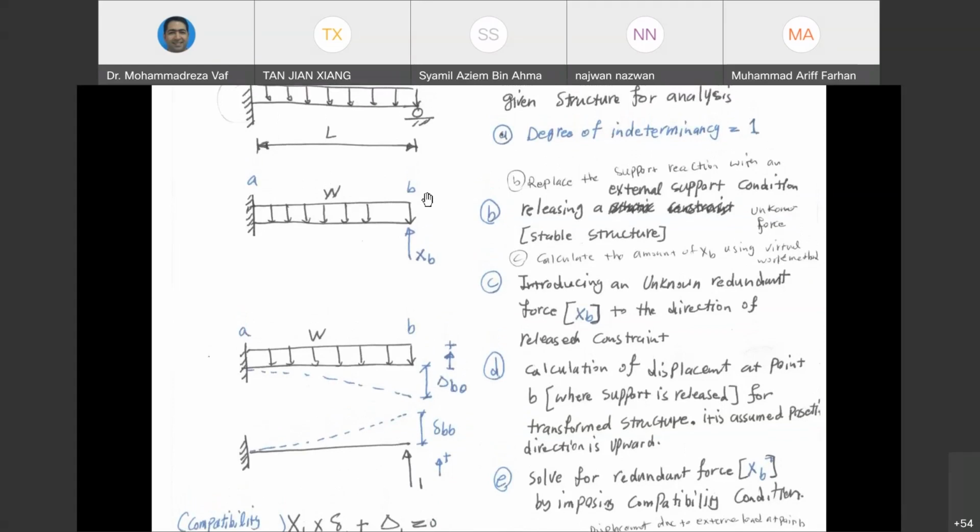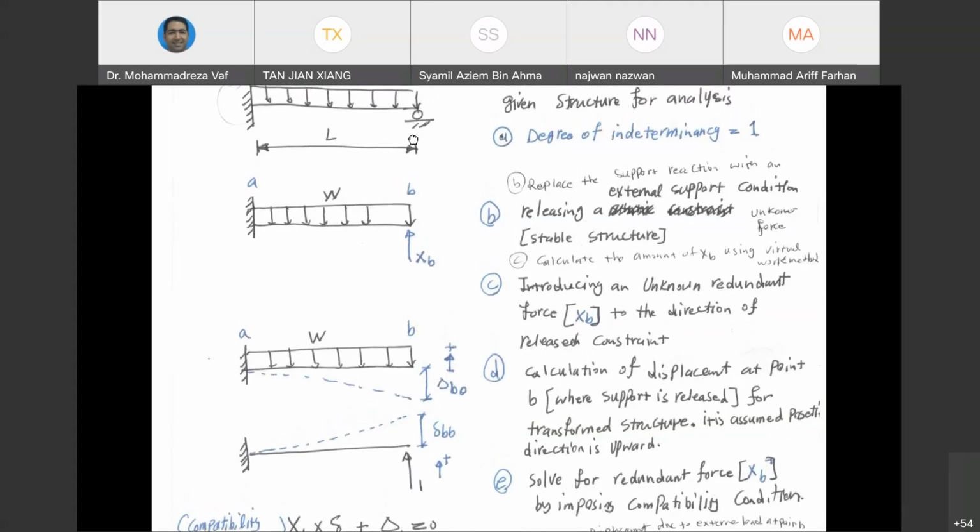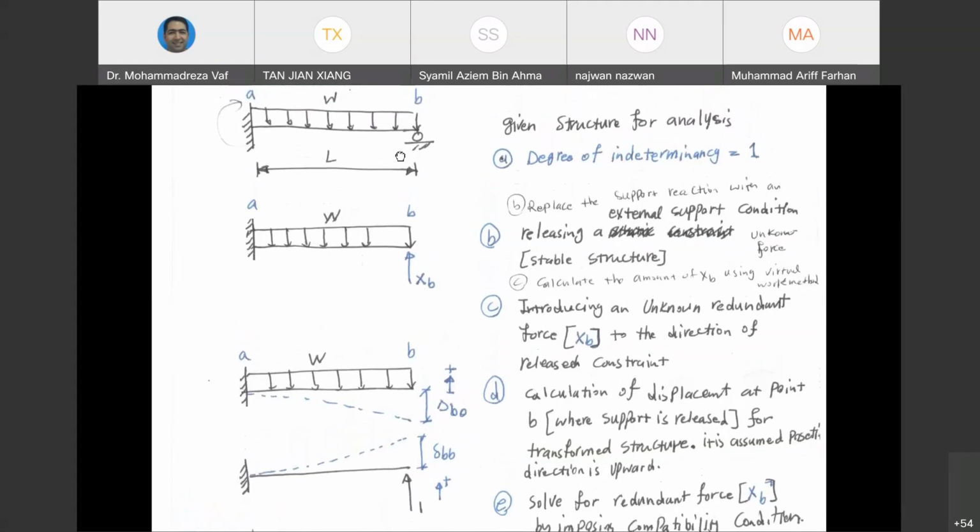So I will repeat again. We have a beam which is considered to be an indeterminate structure. We want to analyze it. And in order to analyze, we select one of the support reactions to be the redundant one. That support reaction here is assumed to be XB. In order to analyze the frame, I will remove the support reaction first.